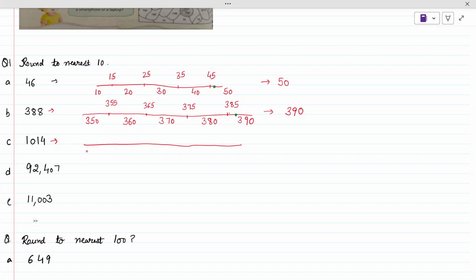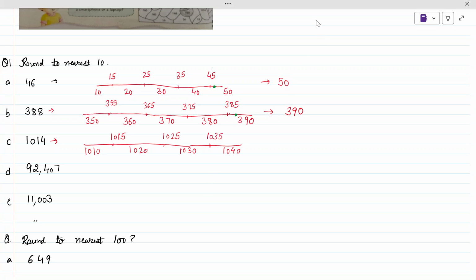So let me start with 1010, 1020, 1030, 1040. ठीक है? And now their midpoints. 1010 और 1020 का क्या होगा? 1015. 1020 और 1030 का 1025. और यहाँ पे 1035.